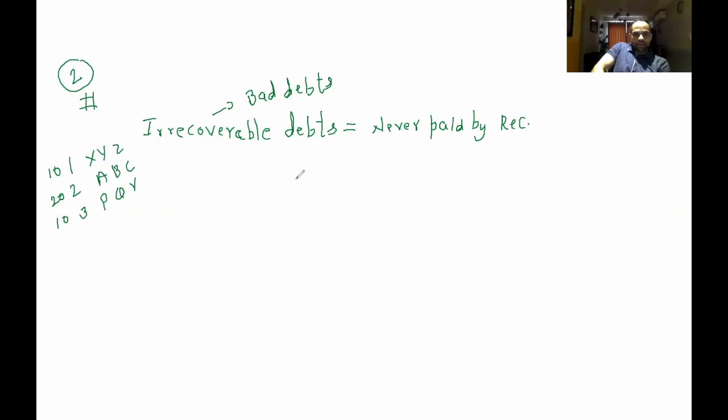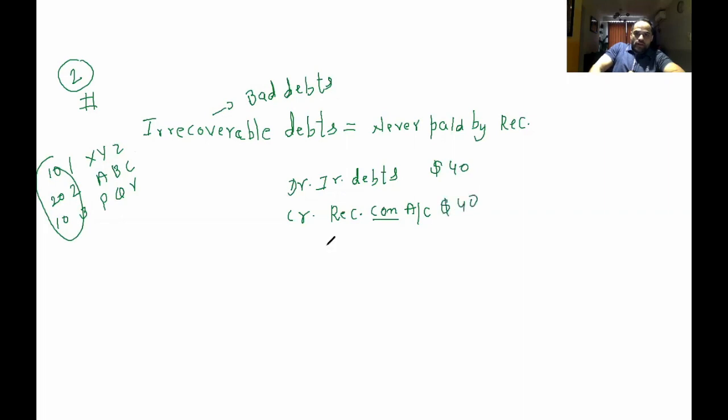The journal entry will be debit irrecoverable debts and credit receivable control accounts. This transaction is exactly like bad debts, only the difference is you add the word control and add them all together, which is $40, right? So this is the transaction for bad debts.